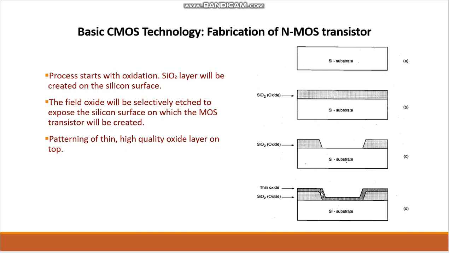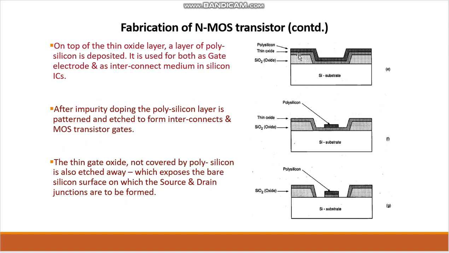You can see here in the last figure, I am just rotating my mouse tip, where you can see the thin oxide, that is the dark shaded part of the diagram. The thin oxide will be layered. In the coming slide, we can see another darker shade in figure E. We call it polysilicon. Polysilicon is very important.